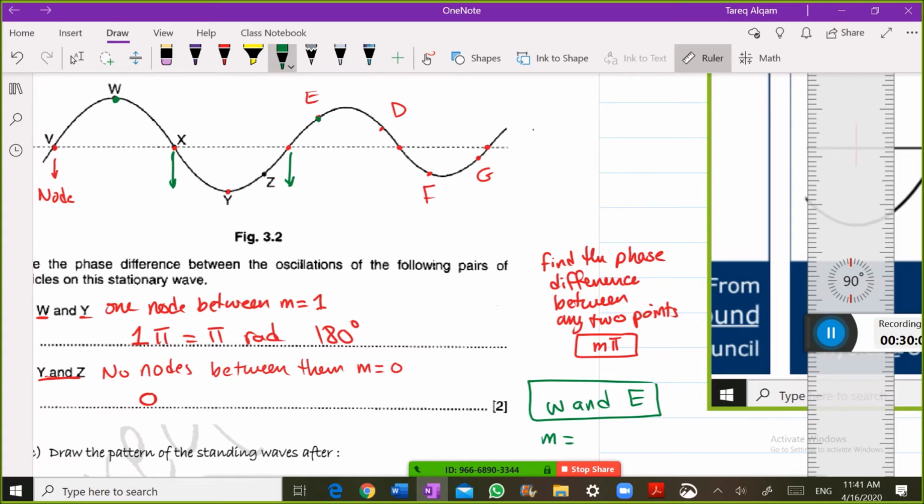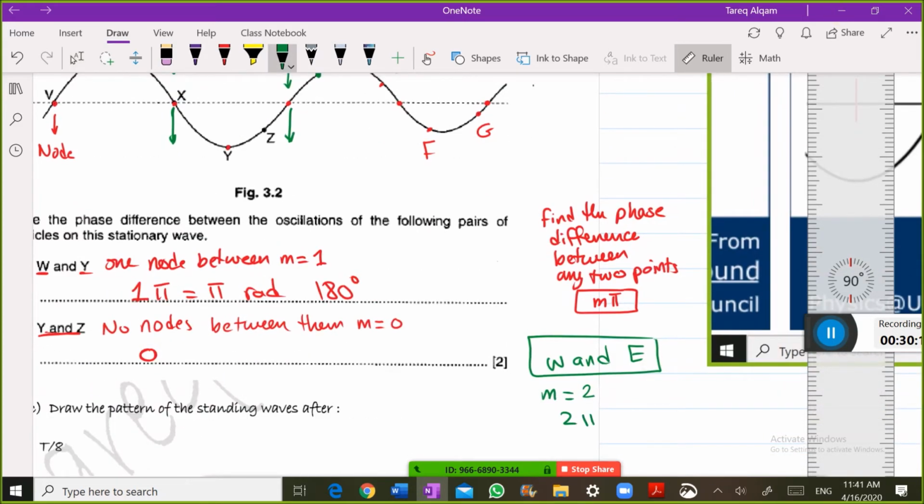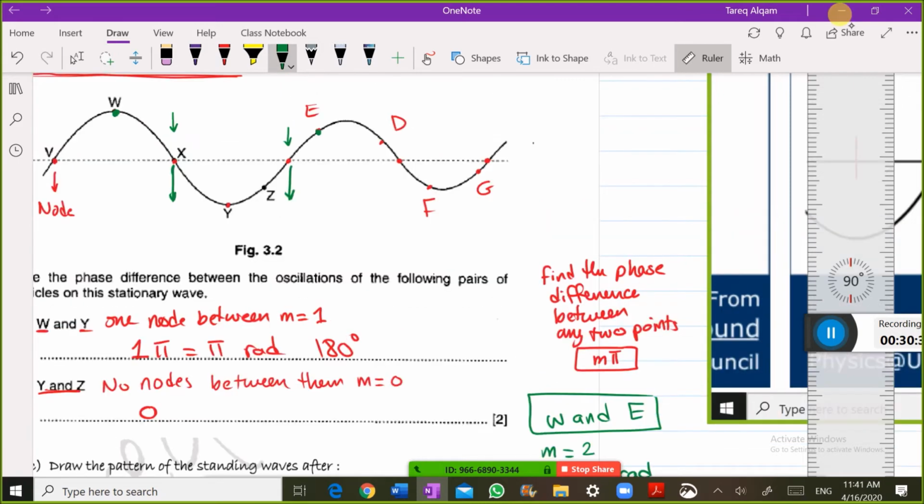We have 2 nodes here. So if I consider W and E, it's 2 pi. So they are in phase, by the way. If I consider W and D, the number of nodes between them is 2, so it's 2 pi rad.